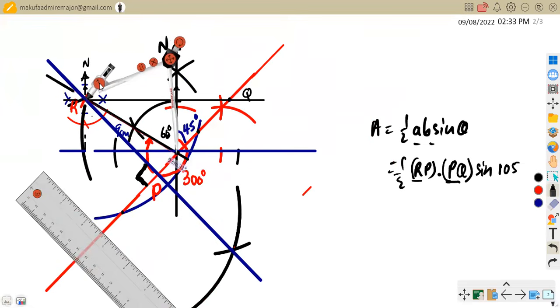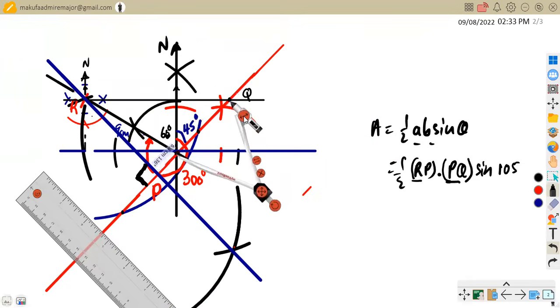Okay, somewhere here is actually 9. So here it was going to give us something like 6,4. Yeah, PQ is something like 6,4 centimeters. Then you multiply by 2 of the scale. Remember, your scale was 1 centimeter representing 2 kilometers. So you have to multiply that answer by 2.